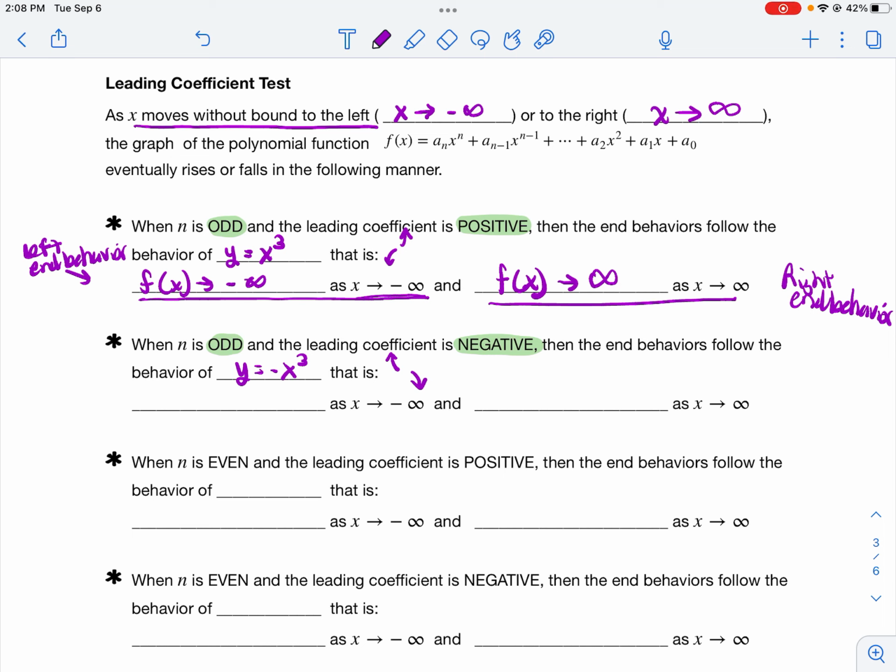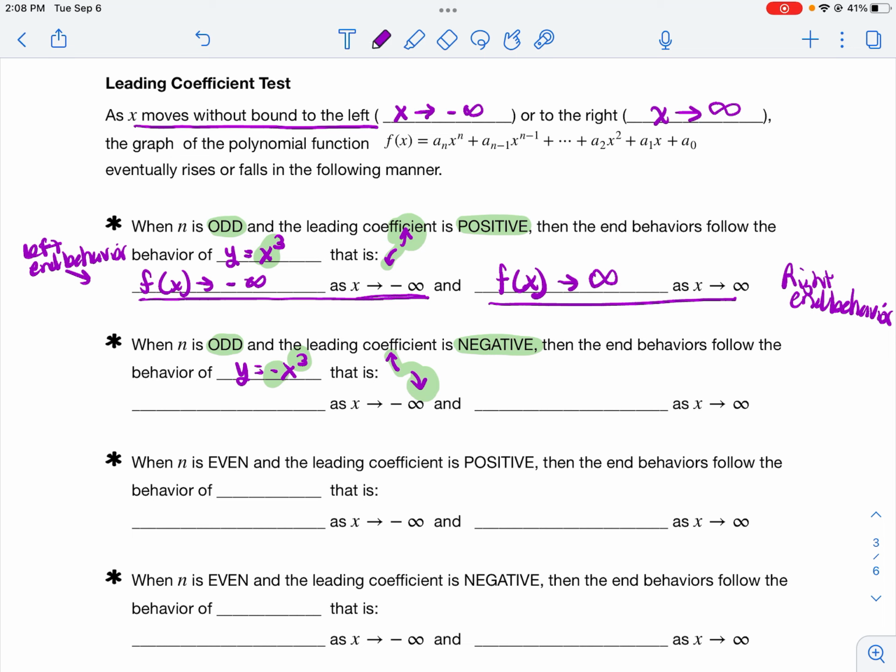So the ends are going to be in opposite directions. And then I have a positive leading coefficient here, which is positive 1, so I'm going to end in the positive direction. And then here I got odd, so opposites, my ends are going in opposite directions, negative, so I got to end in the negative direction.